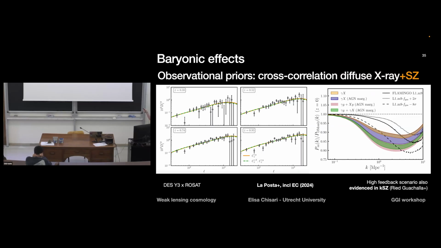So this is FLAMINGO, look at this, this is FLAMINGO f_gas minus 8 sigma, okay? So you have to really kick the gas out of the halos in order to be able to match the X-ray and the tSZ data. And I think, again, this is similar to what KiDS is seeing, a high feedback scenario.